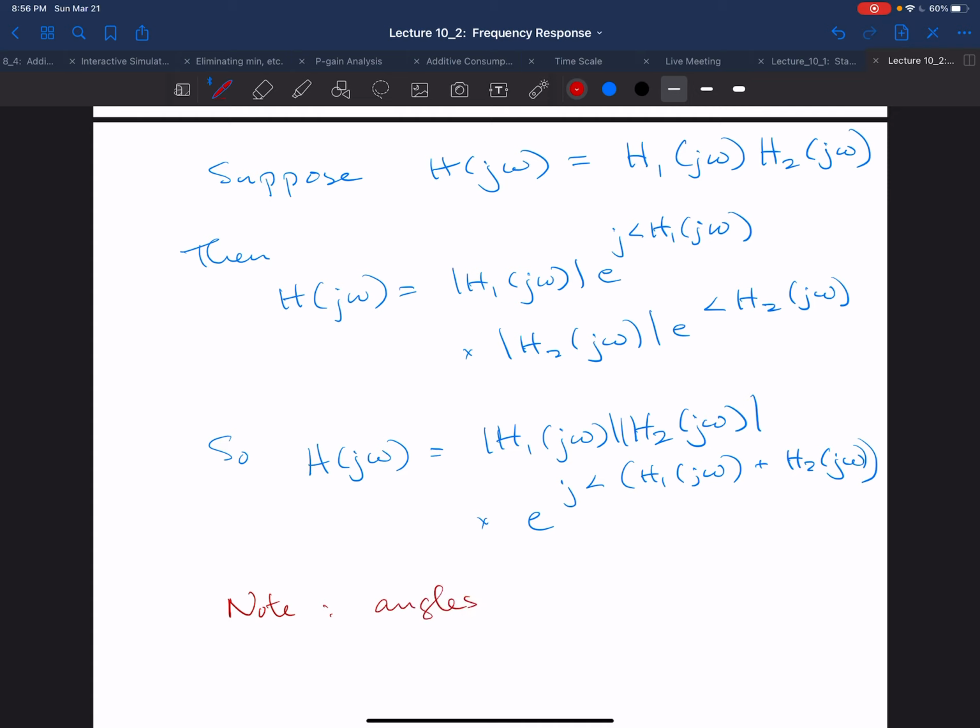So if we can draw the phase curves for the simple transfer functions H1(s) and H2(s), we just need to add them to get the phase curve for the more complicated transfer function H(s), because of the way these angles simply add. But we'll be expressing the moduli in decibels, and that's essentially a log scale, and that means that we get this additivity for the moduli as well.